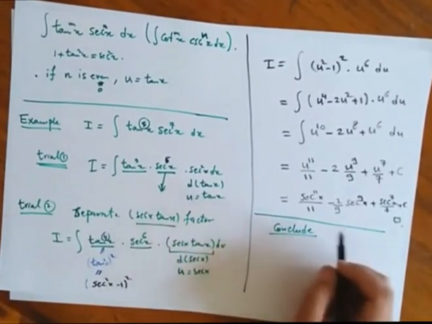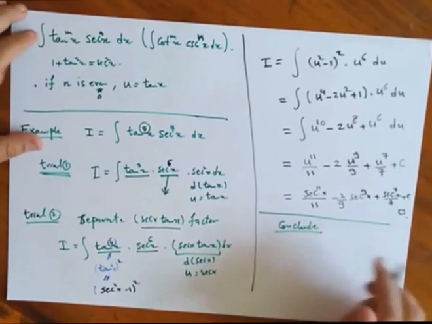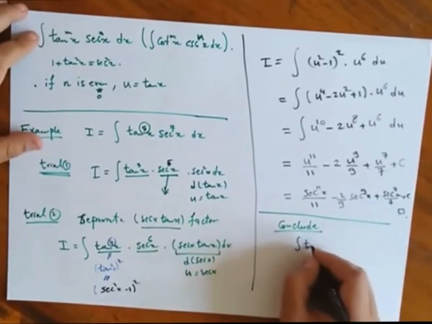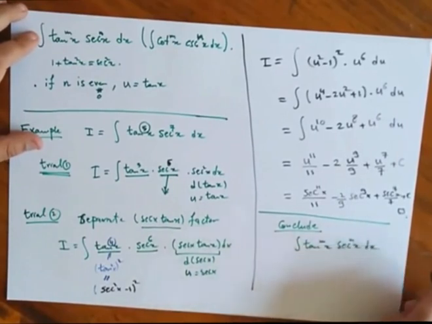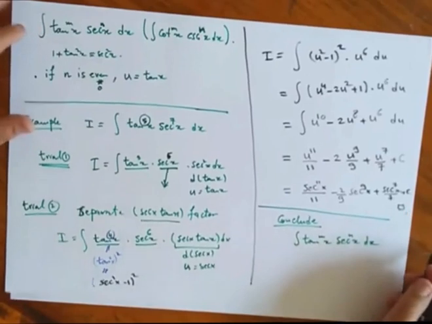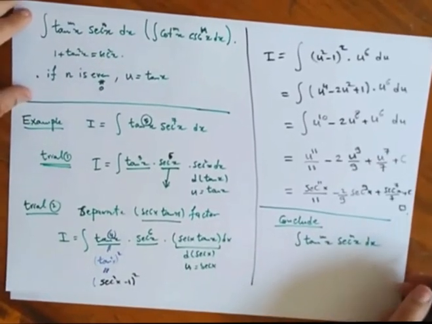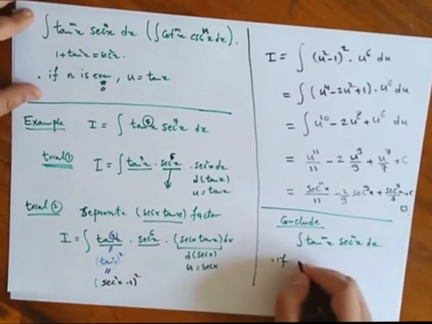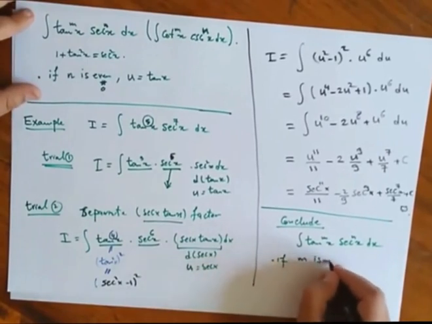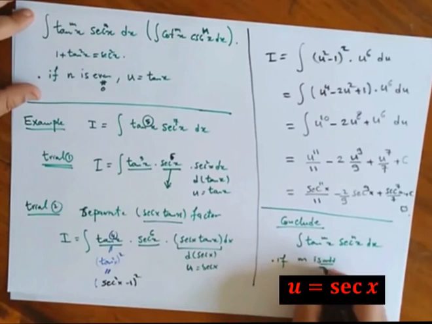Okay, so again with the same integral, tan to the power m times secant to the power n, and the same for the cotan and the cosecant. If the power of the tan is odd, you can use this substitution, which is u equal secant x.